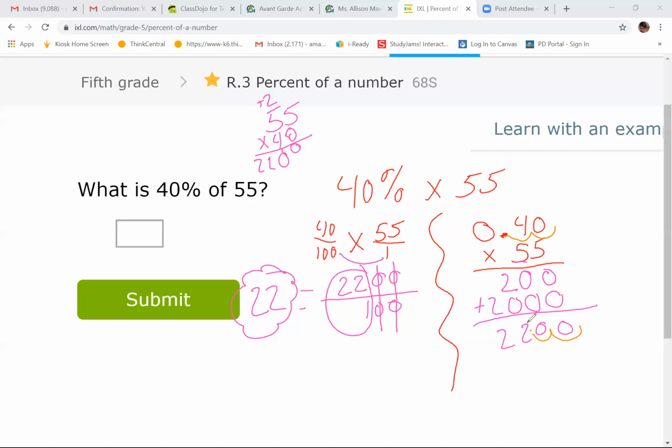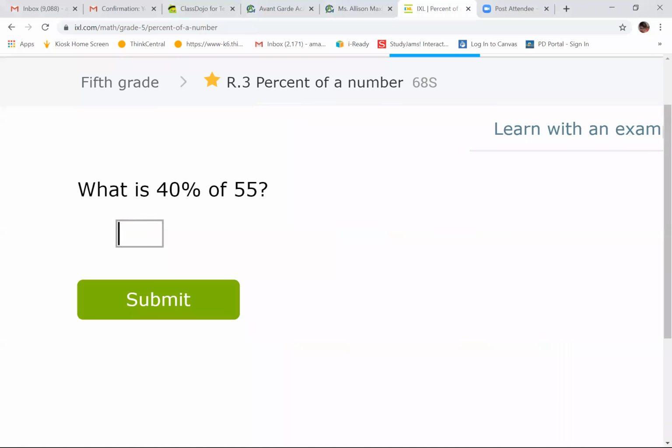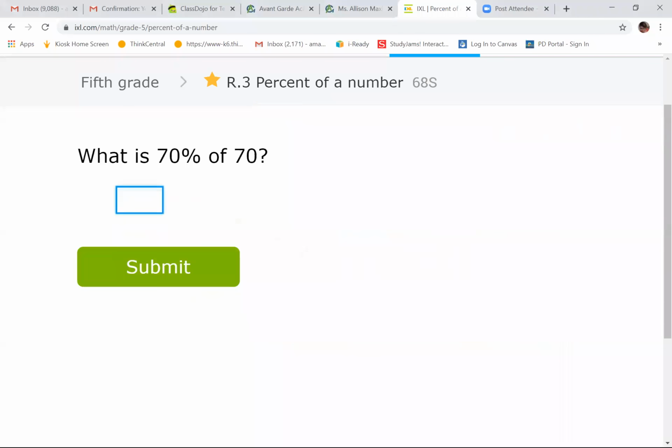There's my decimal. So look at my answer. It's 22. So no matter which strategy you choose, you're going to find the same answer. So clear that, and it's 22. Correct.